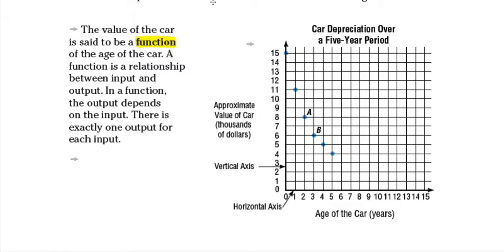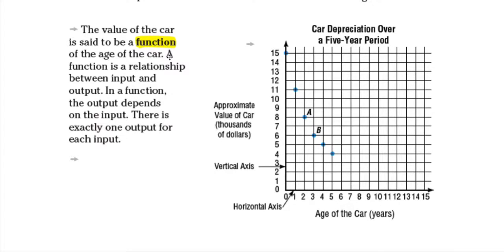If I rephrase the first sentence, I can also say that the value of the car is dependent on the age of the car. Meaning, the value of the car and the age of the car are related to one another. As the age of the car increases, the value of the car begins to decrease.